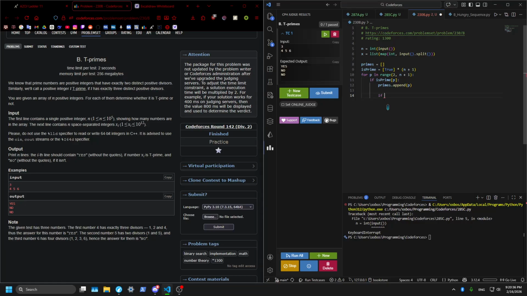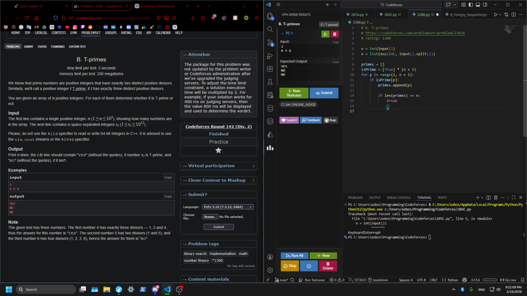If the length of the primes is equal to n, we break, right? Because this is for like if it's like small primes.